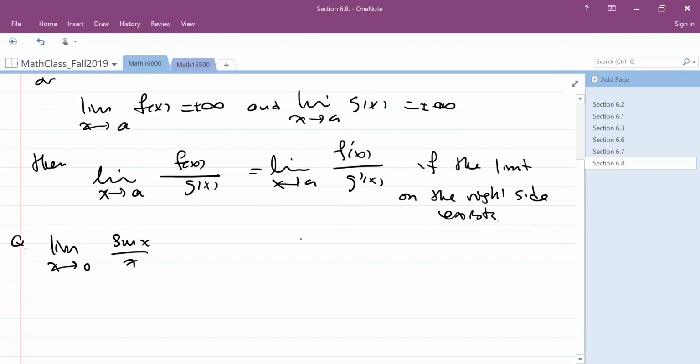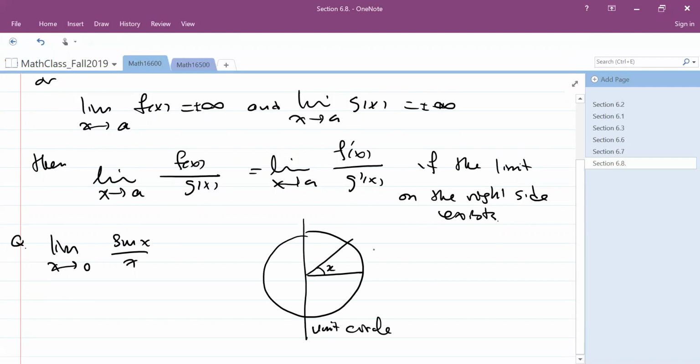Remember we have the picture here. This is the unit circle, and the arc length is x. We draw the two triangles, and we find that sine x is less than x, which is less than tangent x, if x is positive.